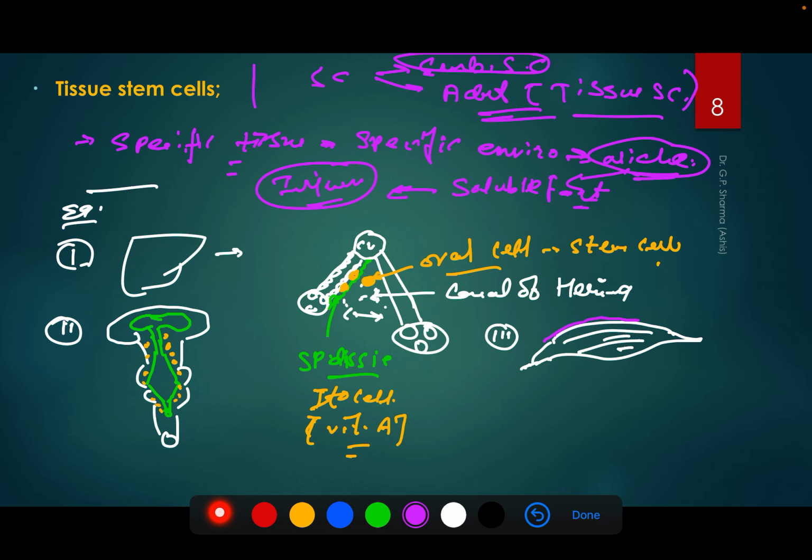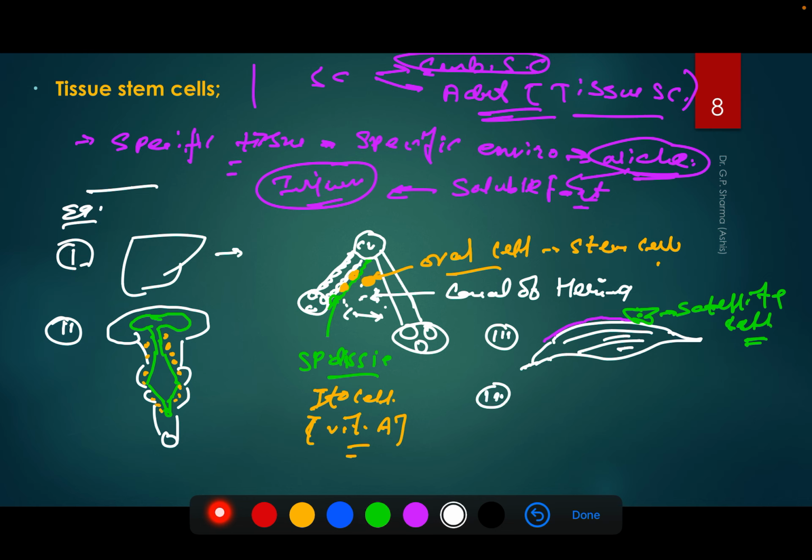So in this basal lamina we have a specific cell present over here. This cell is a star-like cell. This cell is called the satellite cell. What is this one? Satellite cell. So this satellite cell is the stem cell of my muscles.